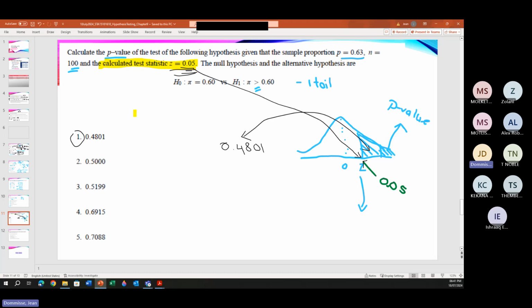A very valuable lesson in this one. Read the whole question, not just like I did. I did not even read that at all. I just looked at the P. I looked at that 100.